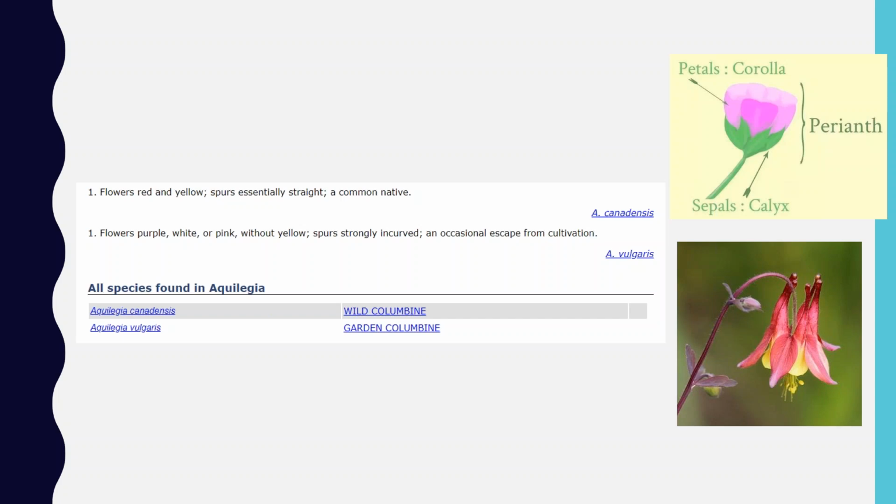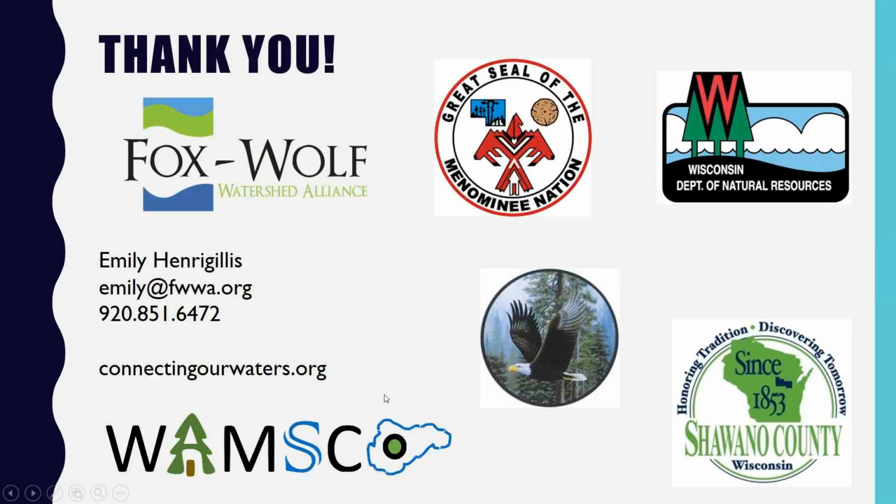It really likes being in wooded areas. The other option is garden columbine. You can find that a lot at nurseries, and it does have those pretty purple, white, or pink flowers, but that is not a native species. It's a cultivar of a native species. So there you go. That was a relatively simple way to use the dichotomous key.